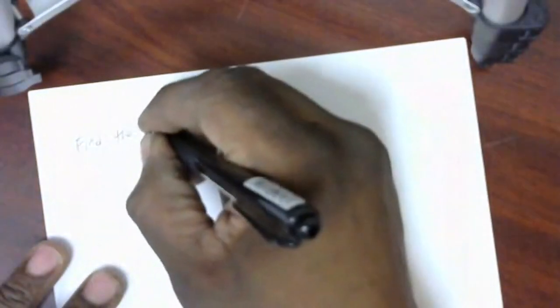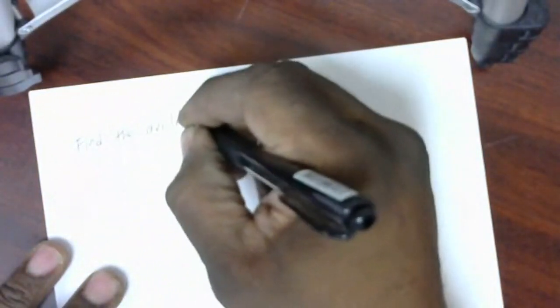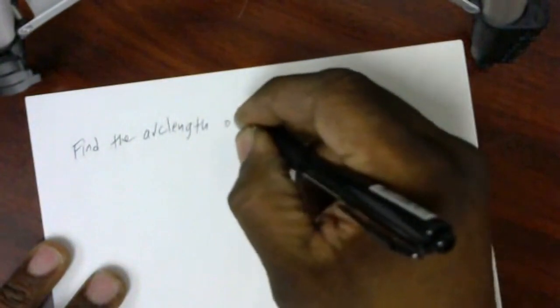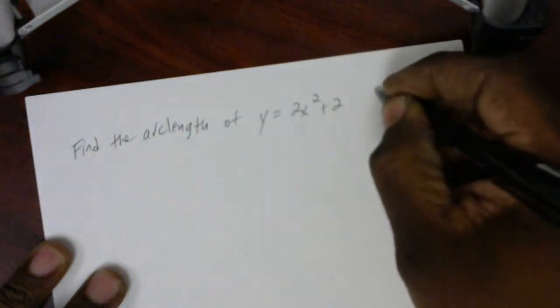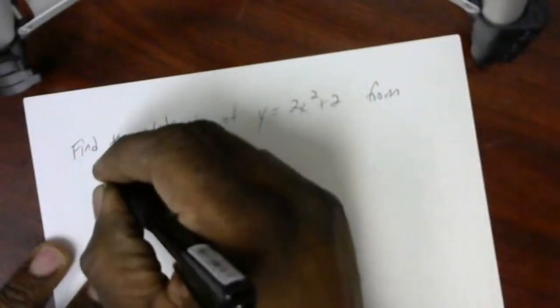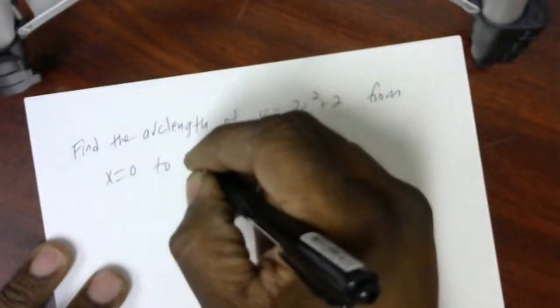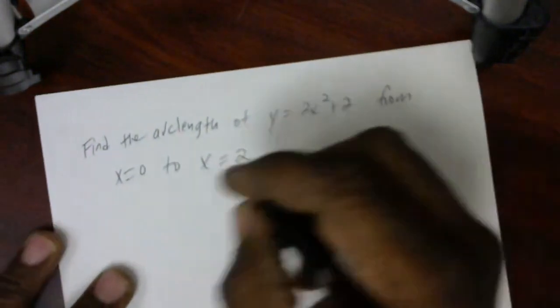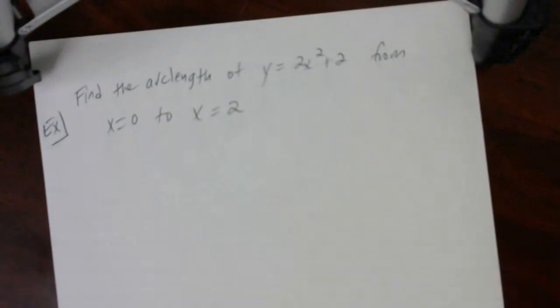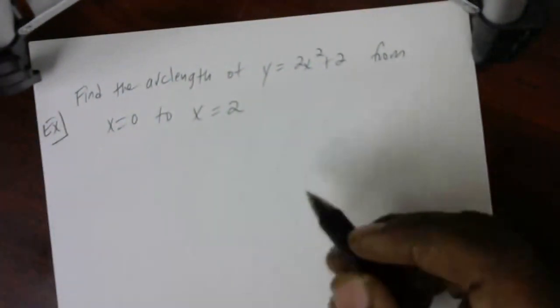So find the arc length of y equals 2x squared plus 2 from x equals 0 to x equals 2.